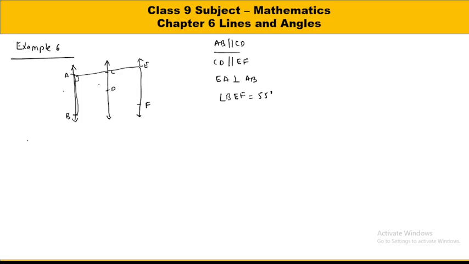We need to join this, and this line is passing through point D. Find the values of X, Y and Z. In the figure, this angle is angle Y, this angle is angle Z, and the angle X is here.